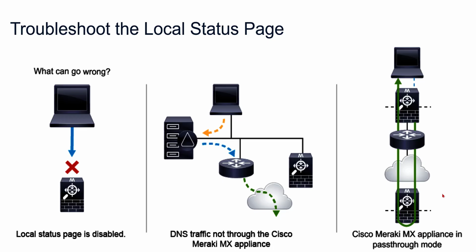The traffic is taking an unexpected path, or maybe it's only reachable through the VPN. So we would probably have to remove the MX from the VPN or access it through the VPN instead of locally. All right. So these are the three things that we would take a look at.